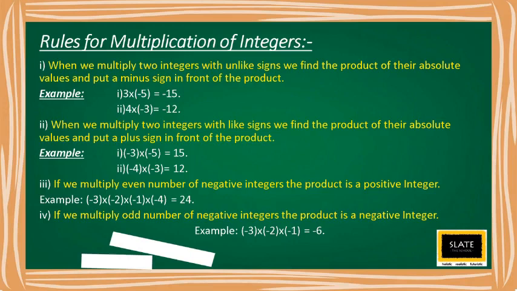For example, 3 into minus 5. Absolute values of 3 and minus 5 are 3 and 5. The product is 15. As they are unlike signs, the product will be of negative sign. 3 into minus 5 is equal to minus 15.